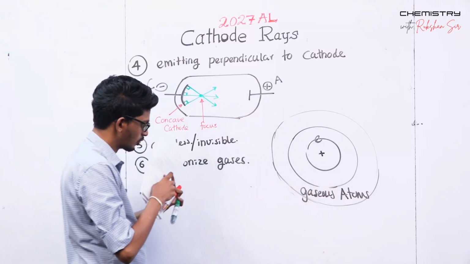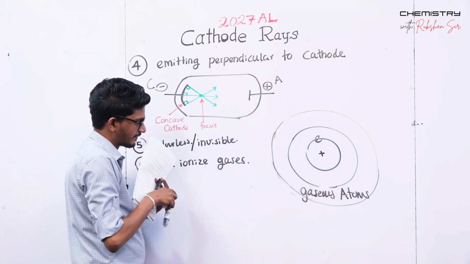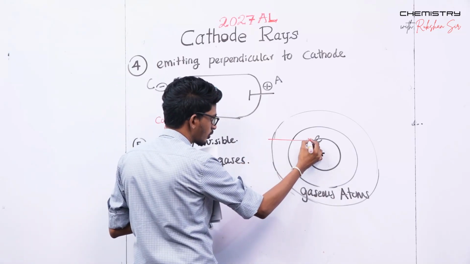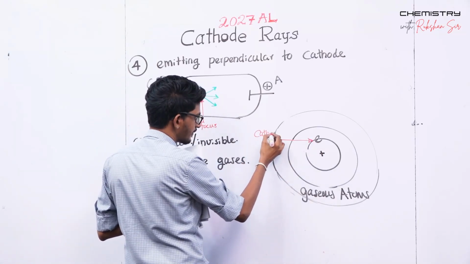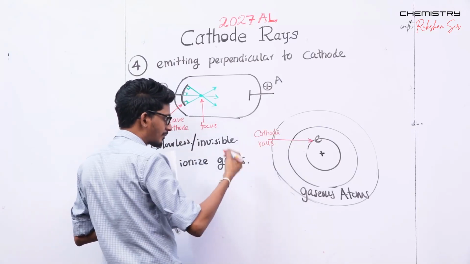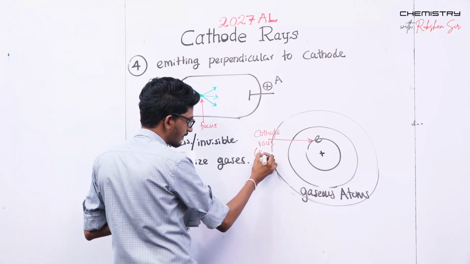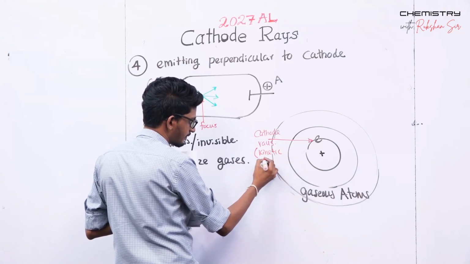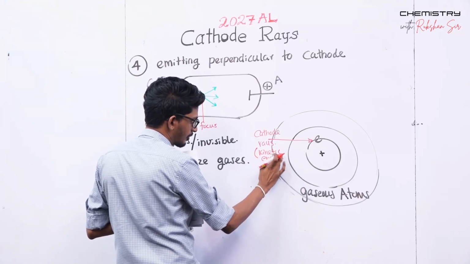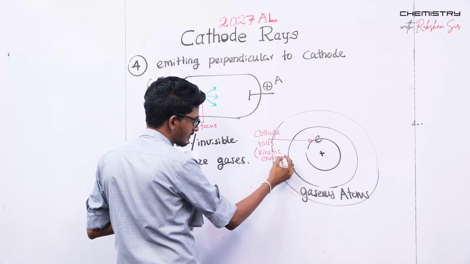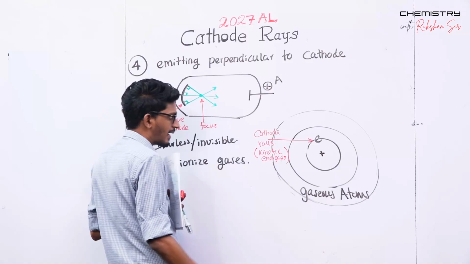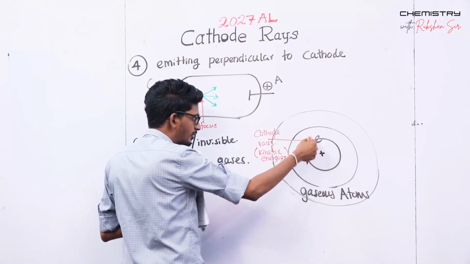See, you have cathode rays, and cathode rays come with some kinetic energies. Those kinetic energies can be given to these electrons by absorption.